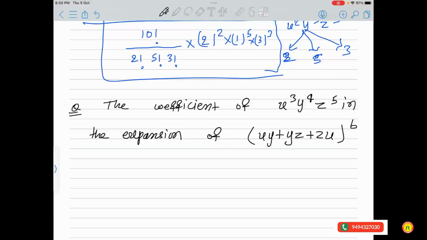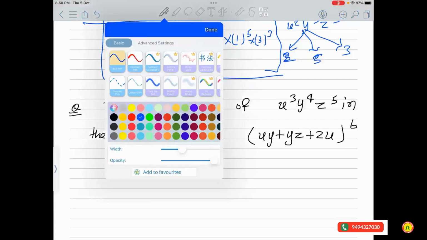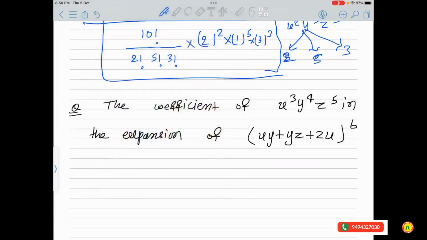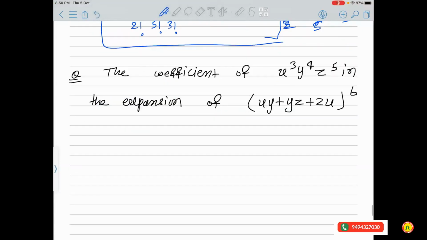So in this question, same question, but a little bit different because here is a multiple of 2, right? 2xy plus yz plus zx, power 6.